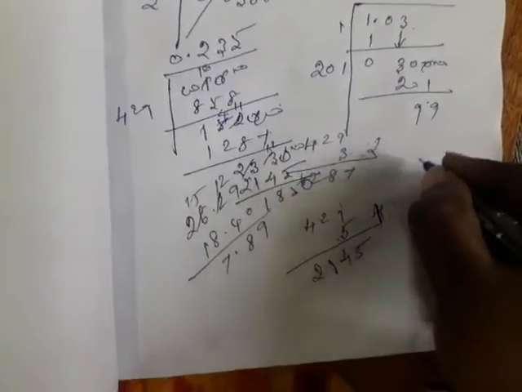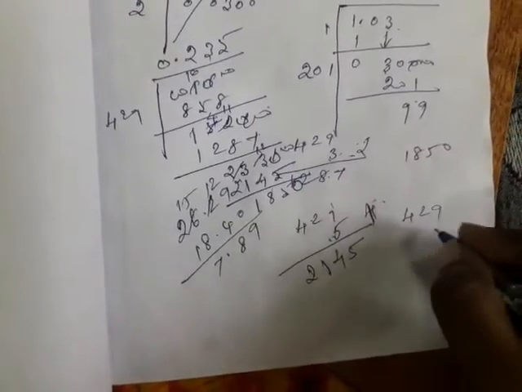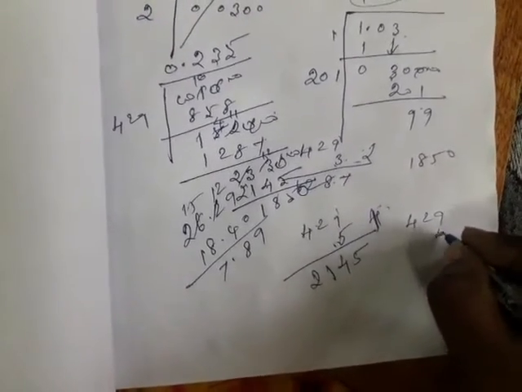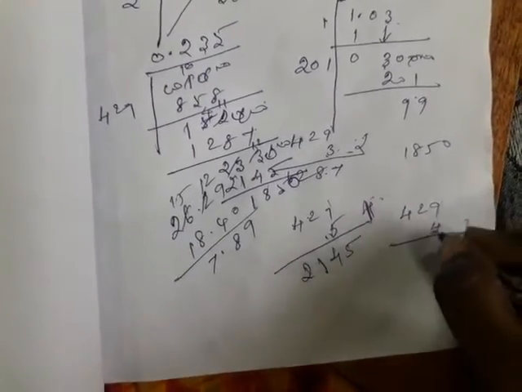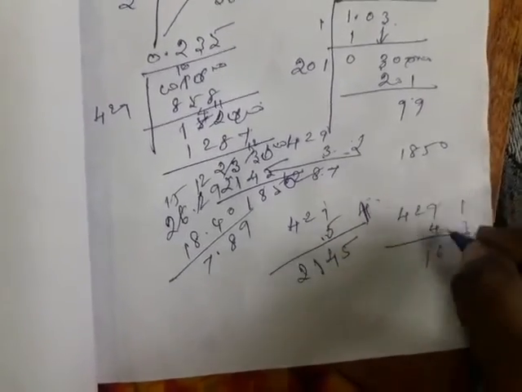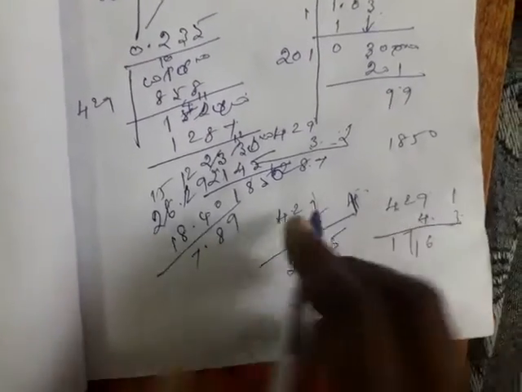Again, 1850, okay. So 429, 4s, 9 4s are 36, remaining 3, 8, 11, remaining 1, 4 4s are 16 plus 1, 17 will come. So what is the answer? 7, 4. So 23.54.